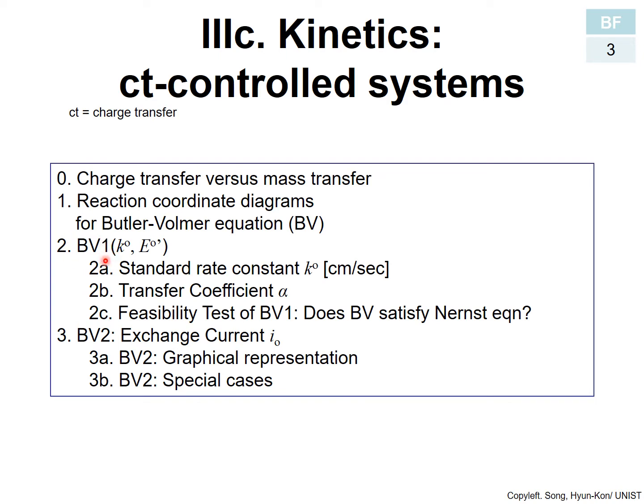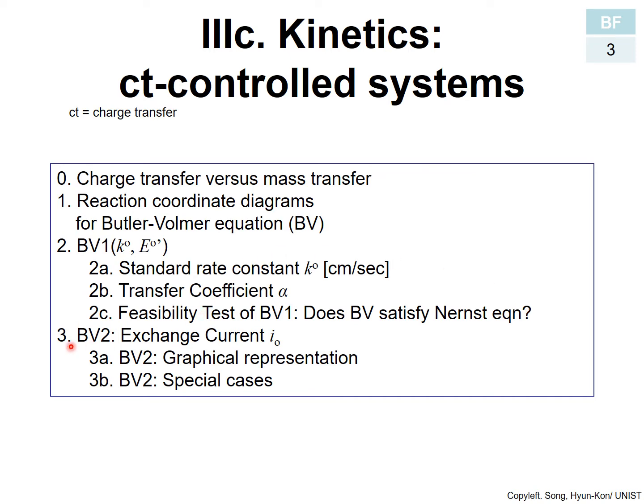This version 1 equation has the standard rate constant in centimeter per second with the formal potential. Also, this equation includes a parameter which is the transfer coefficient alpha. Then I will test version 1 of the Butler-Balmer equation in terms of its feasibility. Does the Butler-Balmer equation satisfy the Nernst equation? The answer should be yes.